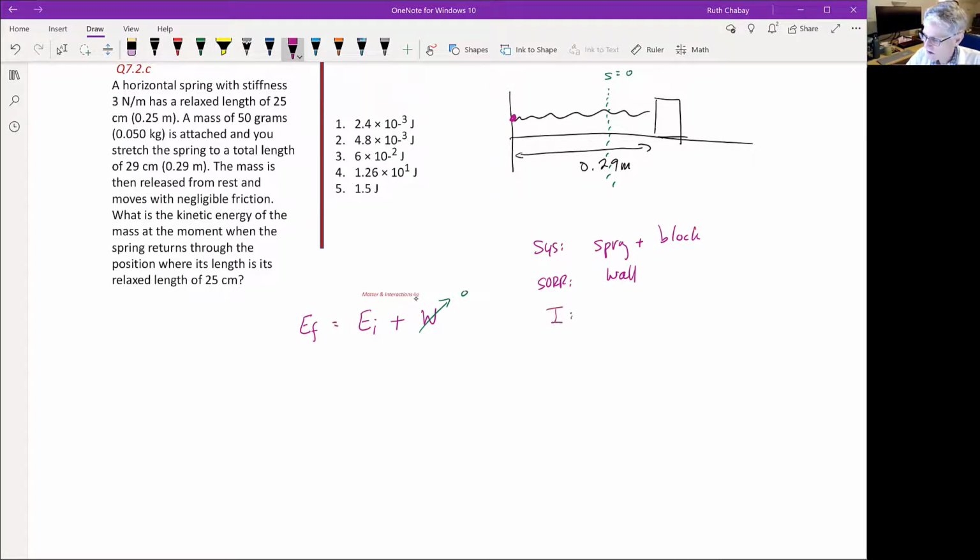The initial state is stretched, and at rest, the final state is moving but relaxed. And so we have kinetic energy, so K final plus U final is K initial plus U initial.